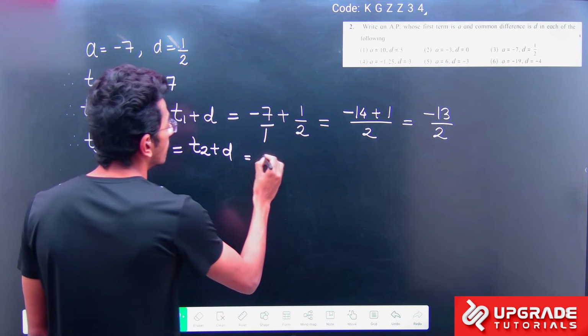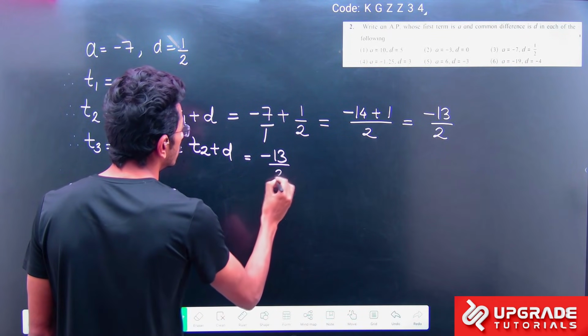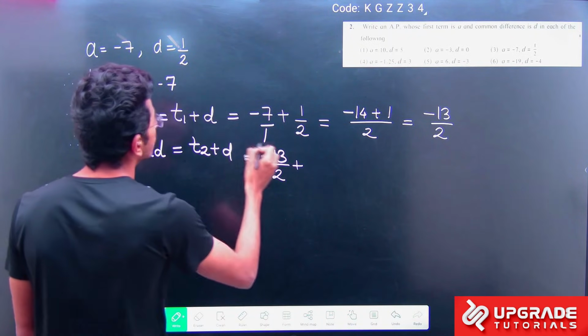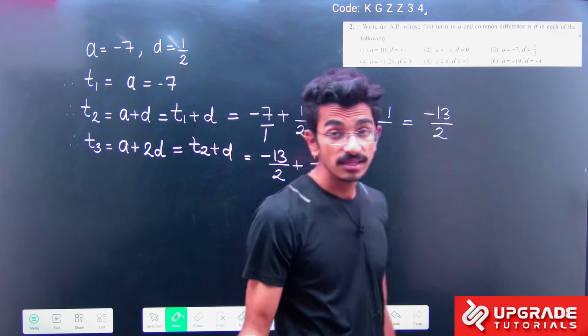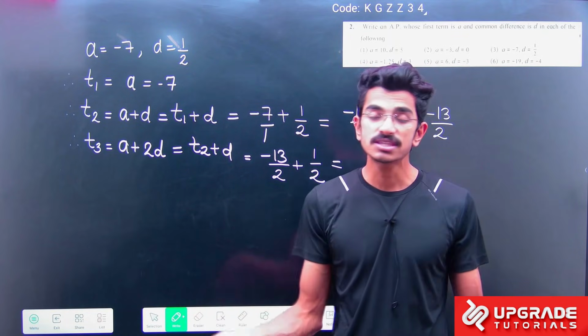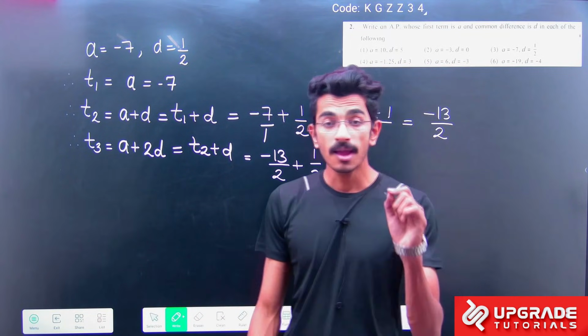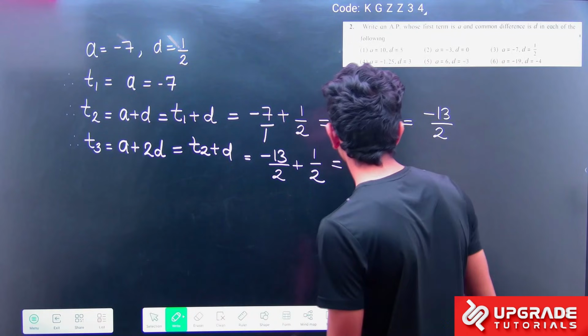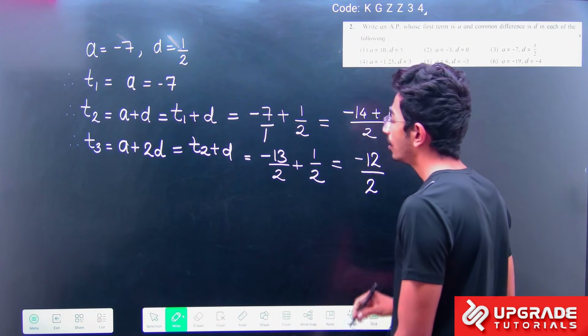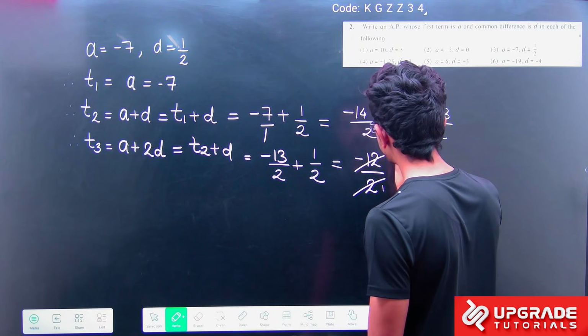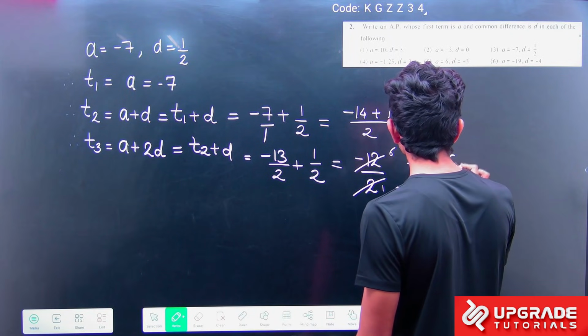Okay, next. What is T2? Minus 13 upon 2 plus D, which is 1 upon 2. Here the denominators are the same, so just add or subtract the numerators. Minus 13 plus 1 is minus 12 upon 2. Dividing by 2, the answer is minus 6.